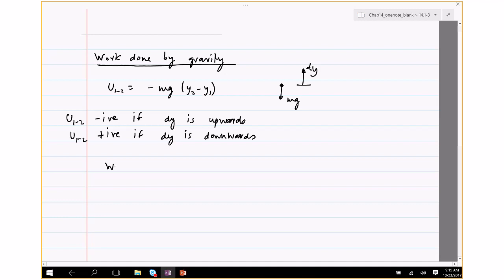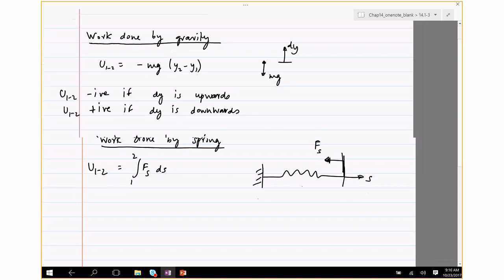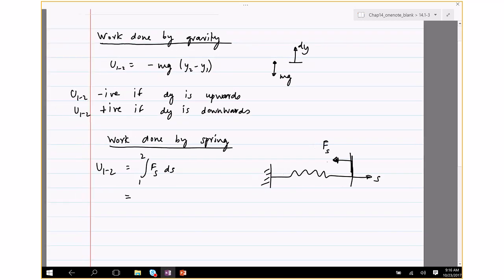Work done by spring. Okay, a spring is stretched or compressed. Let's take the case when it's stretched. Fs is the spring force, and the work done by the spring force is the integral of Fs dot ds from 1 to 2. Let me just show you how to do this dot product.